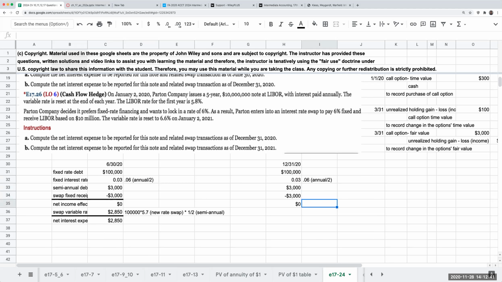But my new swap variable rate is going to be different because this is now going to be 100,000 times 0.067, because that's my new rate, but I have to multiply that by 0.5. So this is going to be 100,000 times 6.7% times 1/2. So my net interest expense is going to be 3350. Okay.